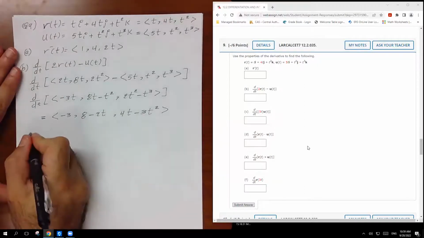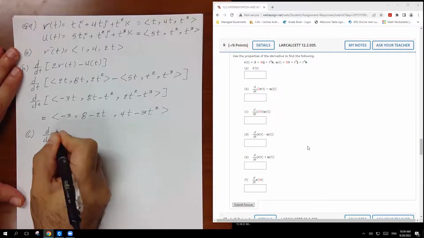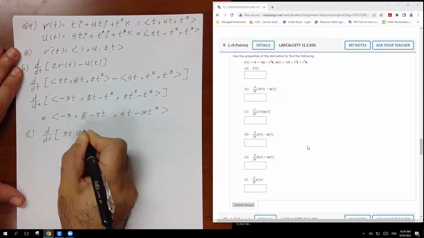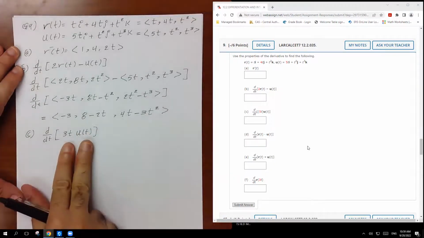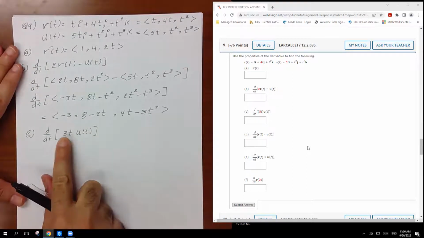C, find the derivative d over dt for 5t times u of t. These are two functions. This is a vector valued function, and this is another function, 5t.